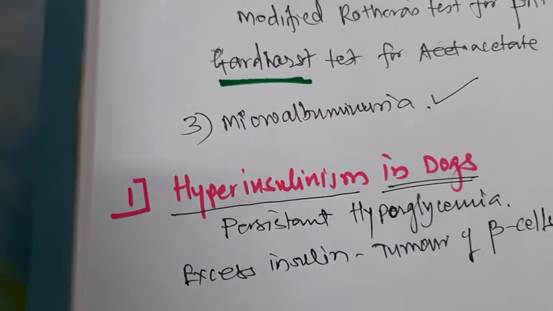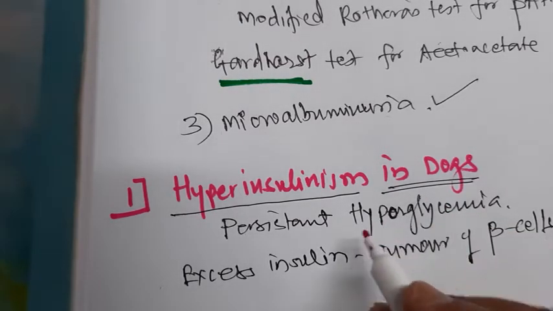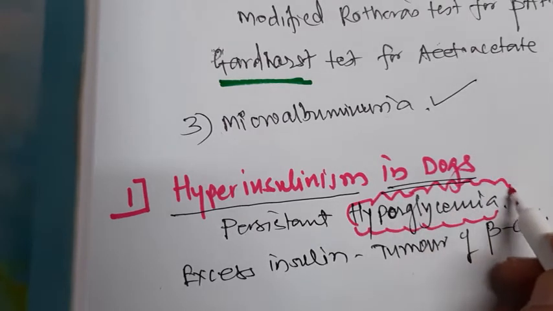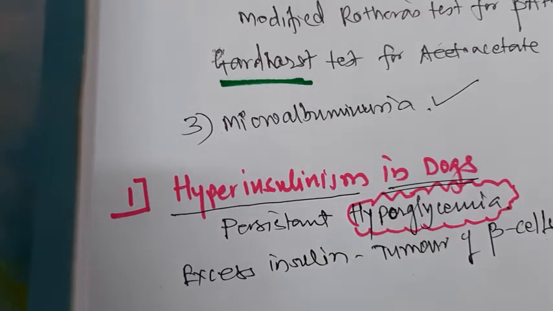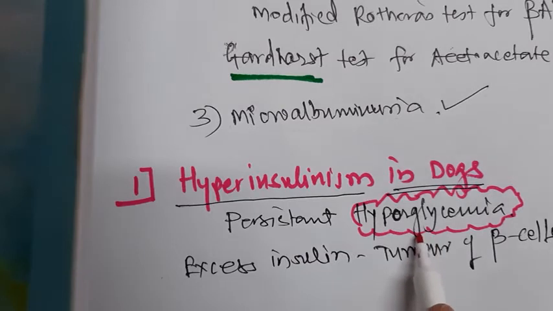Okay, so there is excessive secretion of insulin. Insulin is a hypoglycemic hormone, isn't it? So the glucose is utilized rapidly, and that results in hypoglycemia.